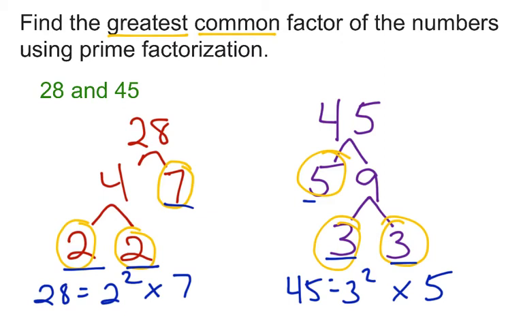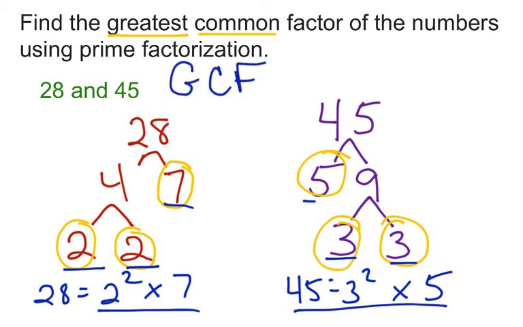I notice that I have no common factors here, so there's nothing in common. So some students will say, oh, well, the greatest common factor is 0. No. Remember, 1 is neither prime nor composite. So if you see no common factors, that means that the greatest common factor is 1.